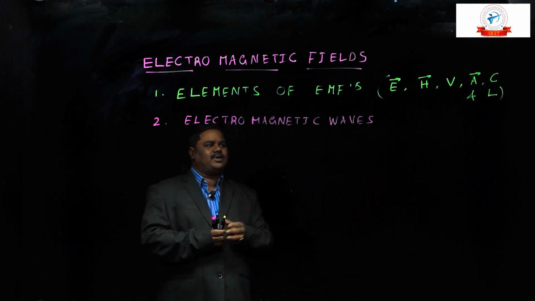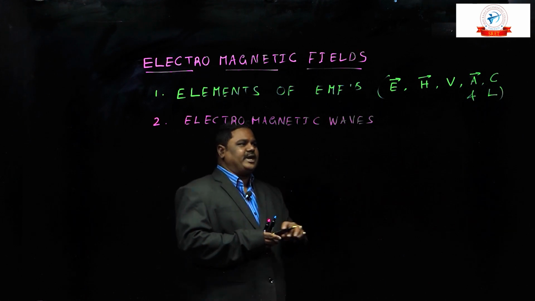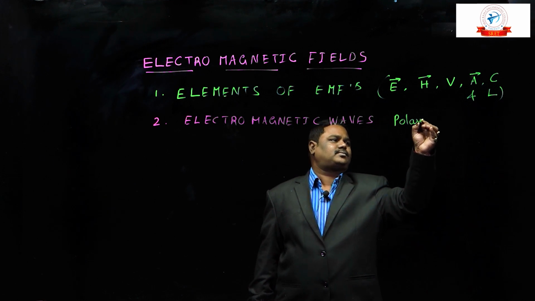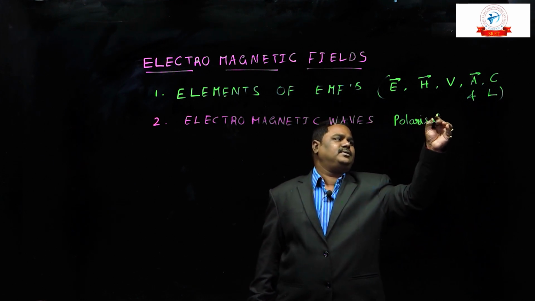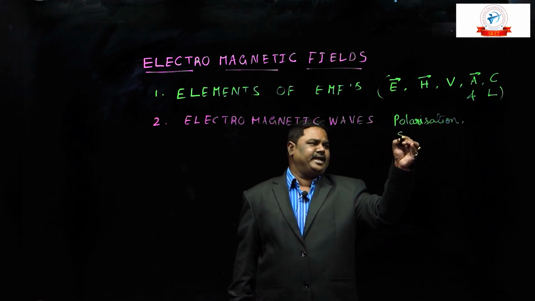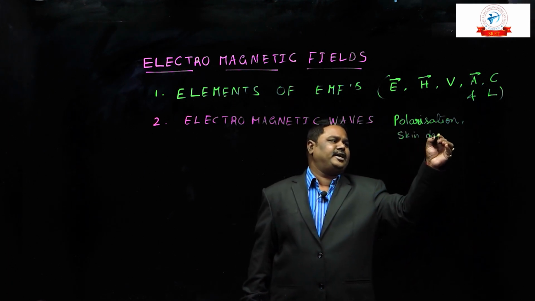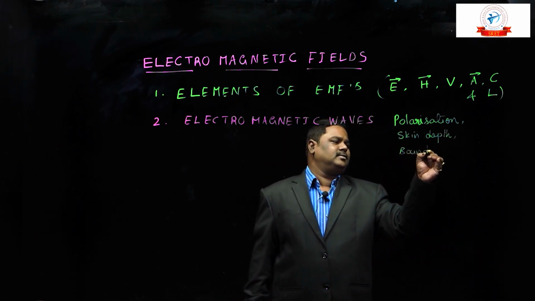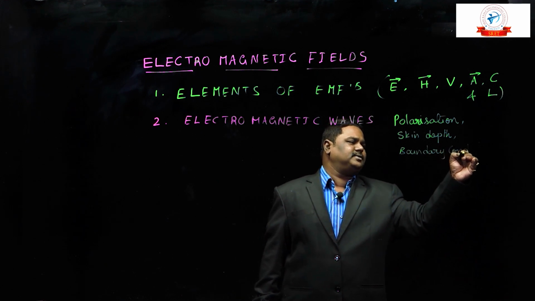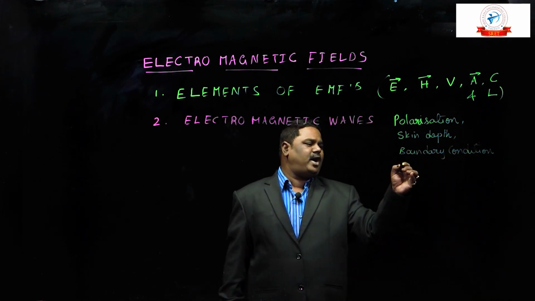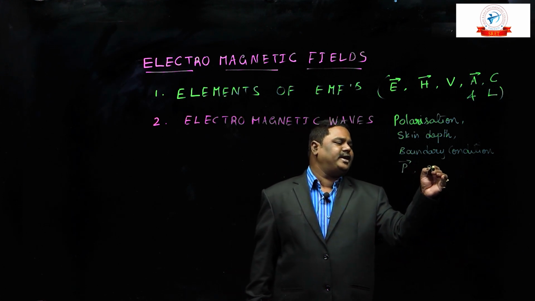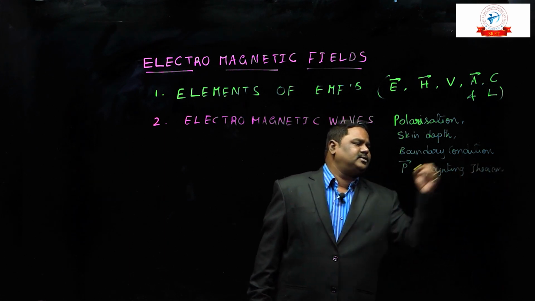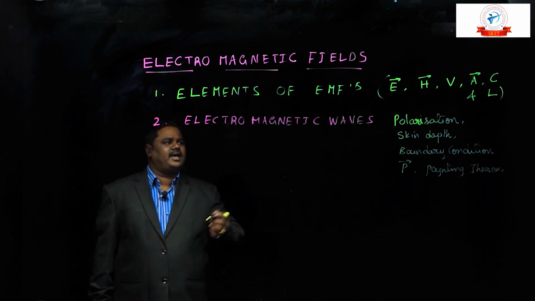That means the basic properties of electromagnetic waves, like what is meant by wave polarization, what is meant by skin depth of the medium, what the boundary conditions are, and what is meant by Poynting vector and Poynting theorem. These are very important concepts under electromagnetic waves.